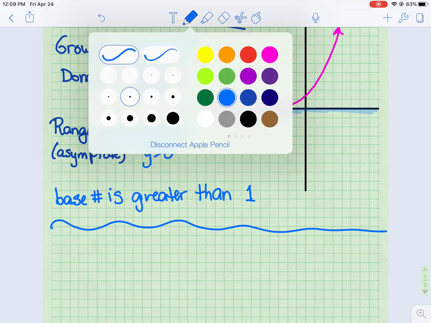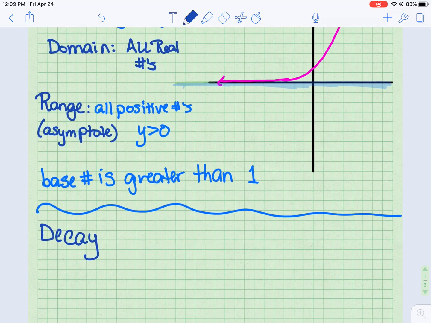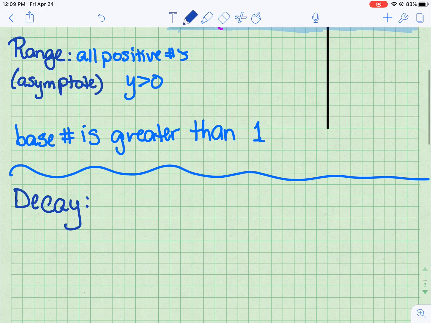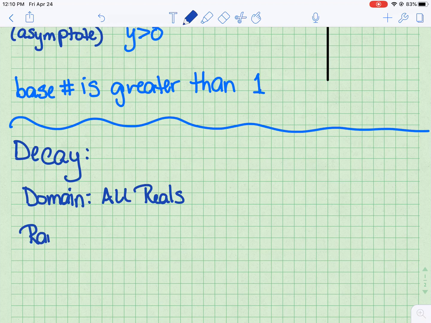Are you still writing? No? Okay. The next type we talked about is decay, and this is where we're trying to get to. Again, our domain is going to be all reals, and our range is going to have some kind of asymptote that we're looking for.